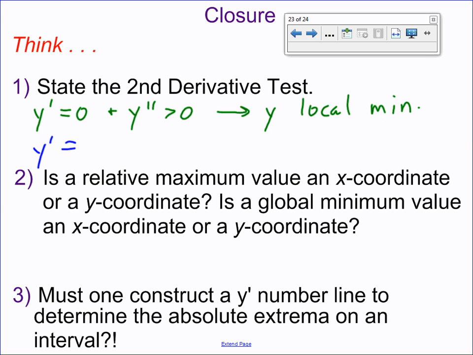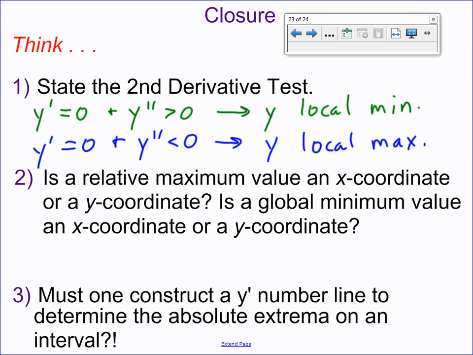So we've got y prime is equal to 0, y has a horizontal tangent, and the sign of y double prime then will determine whether or not y has local max versus local min. So y prime equals 0, y double prime positive means we're dealing with the local minimum. Y prime equals 0, y double prime negative means that we're dealing with y having a local maximum. Raise your hand if you got the same as Riley. Got the second derivative test, great job.